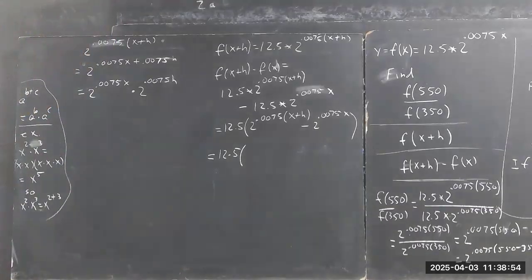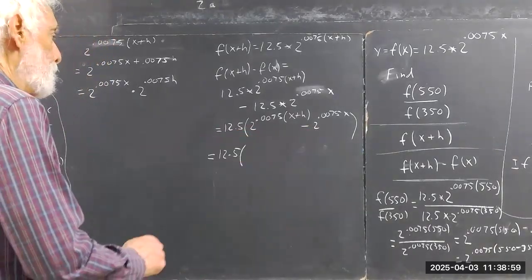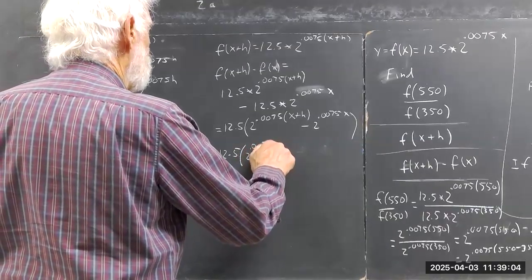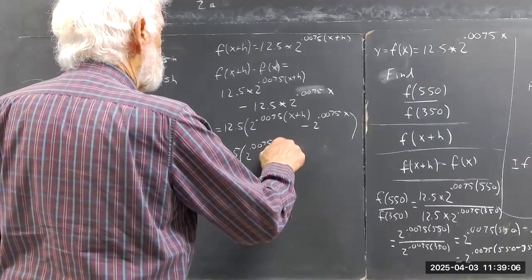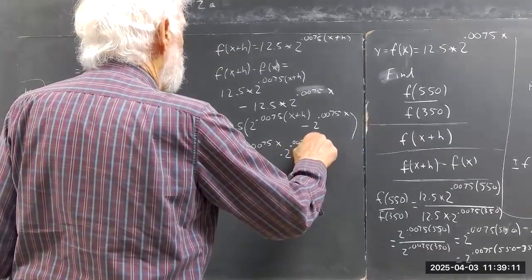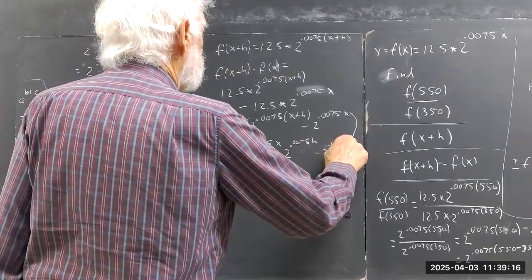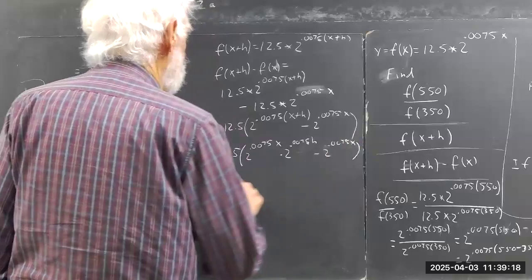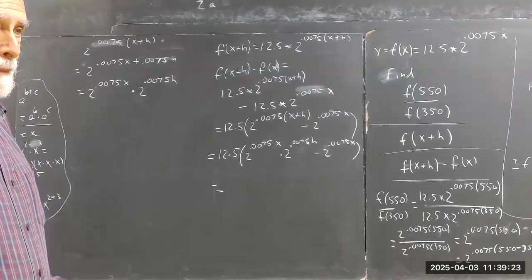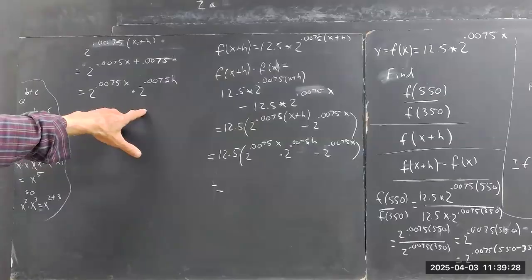Okay? So I can write this as 2 to the 0.0075x multiplied by 2 to the 0.0075h minus 2 to the 0.0075x. Okay? Can you see what I wrote down? Instead of this expression, I wrote this expression.